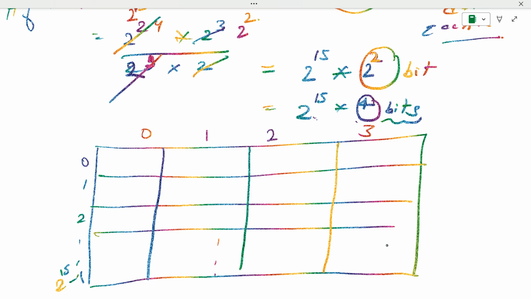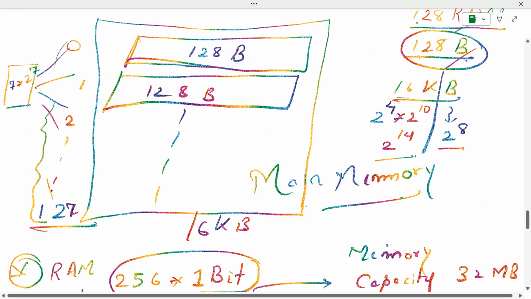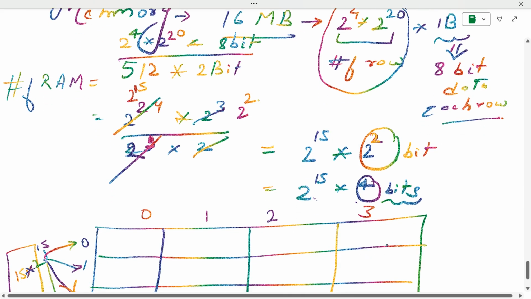So in each row 4 bits could be stored, and to process this we need a decoder of 15 into 2 raised to the power 15 to address all these address lines. So in this way the memory is going to be organized. This is how we are going to divide the RAM to organize the main memory structure. Okay, I hope this is clear.